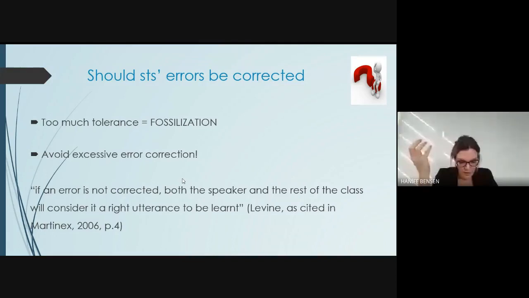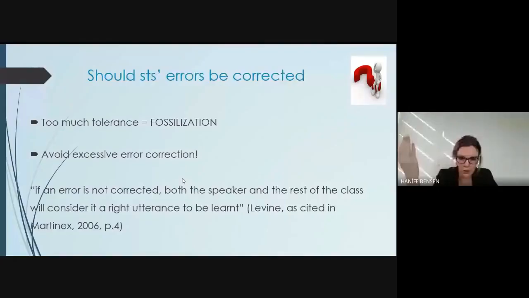Now, it is essential to provide the students with proper corrective feedback, while at the same time avoiding excessive error correction. So we shouldn't be overdoing things. If an error is not corrected, both the speaker and the rest of the class will consider it right. Students want their errors to be corrected, but you shouldn't go overboard.